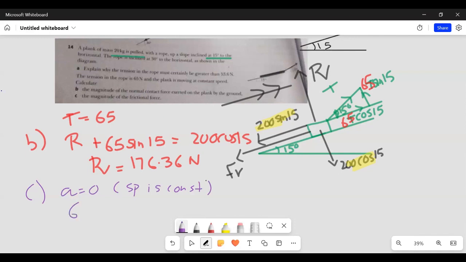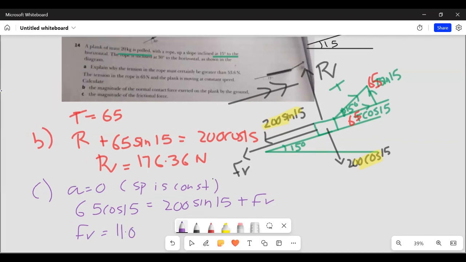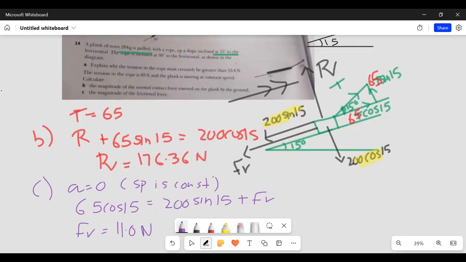So you use 65 cos 15 equals 200 sine 15 plus friction, which comes out to be 11.0. Yeah, 11.0. Okay. This was question 14.